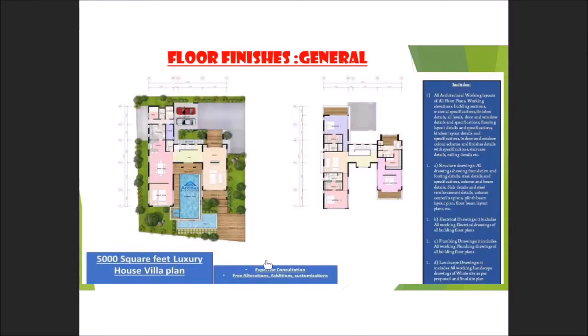Basically, when we take a look at the briefing of the floor finishes, I give you an example of a layout plan. This is only one example of a layout plan, for a 5,000 square feet luxury villa. You can see that the architect will identify based on color.